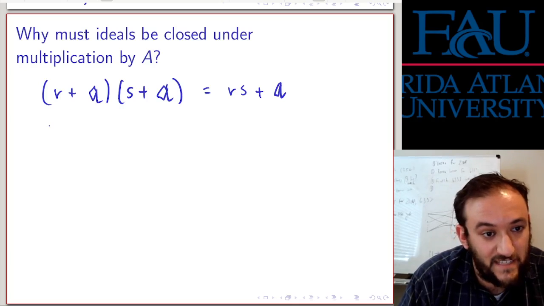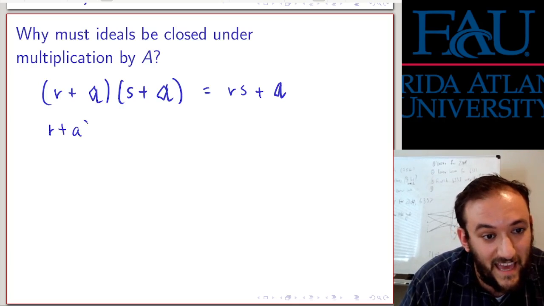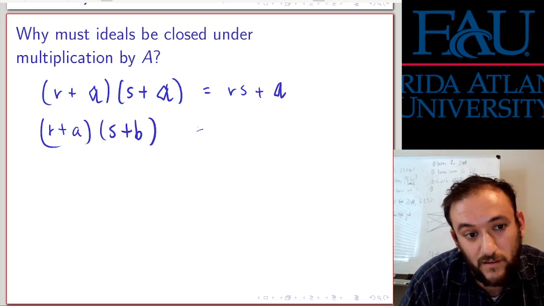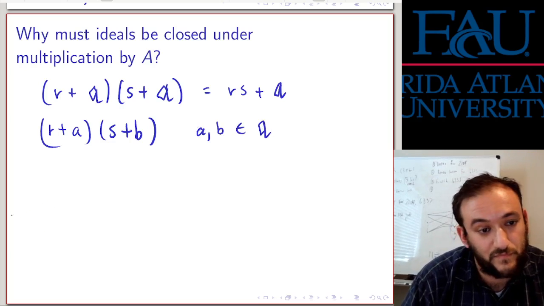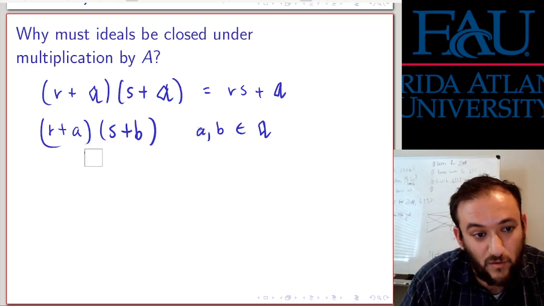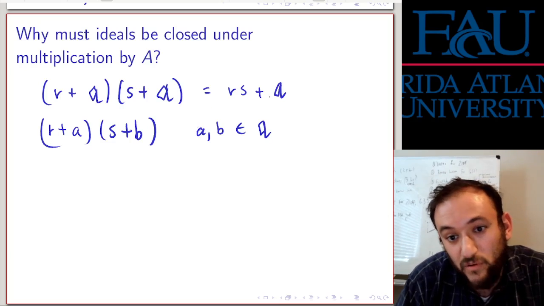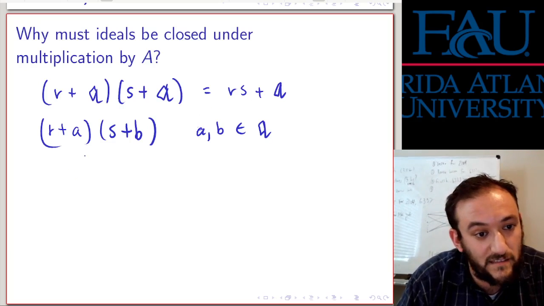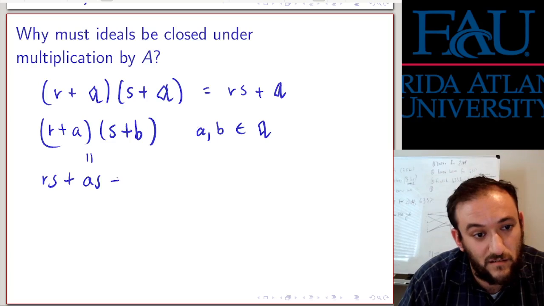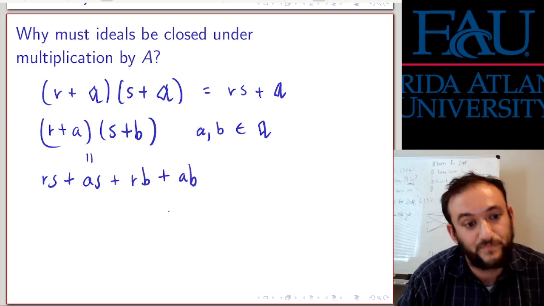So for instance, if I take r plus a times s plus b, where a and b are in the ideal, I should be able to demonstrate that what I get is in the same equivalence class modulo the ideal as rs. So using distributivity, we get rs plus as plus rb plus ab.